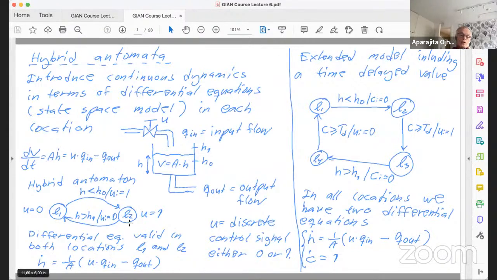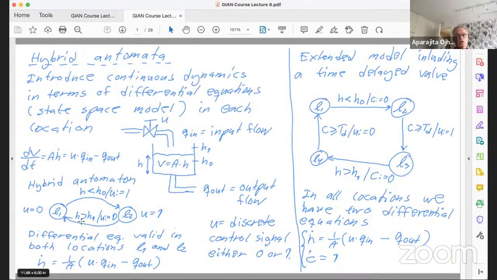Actually, we had this example very early in the course, but then we focused more on it in terms of pure logical description. I translated, so to say, outside of the model, these conditions to events instead. So when H less than H0 happens for the first time, I generated an event H going down.